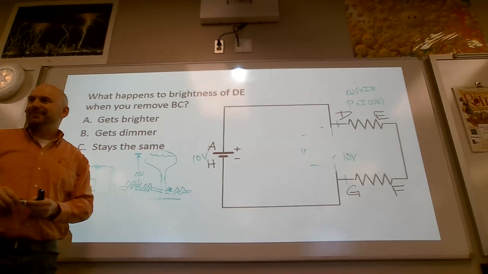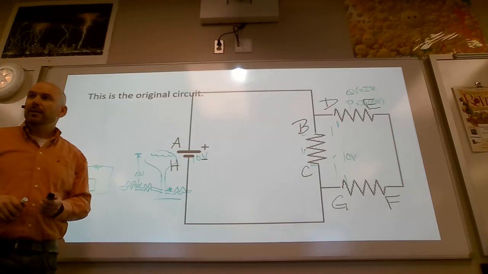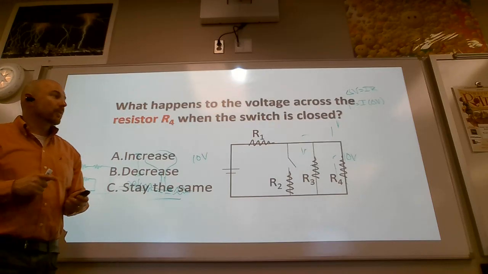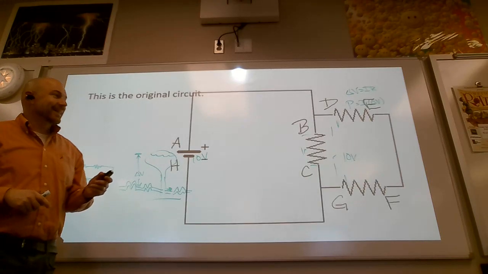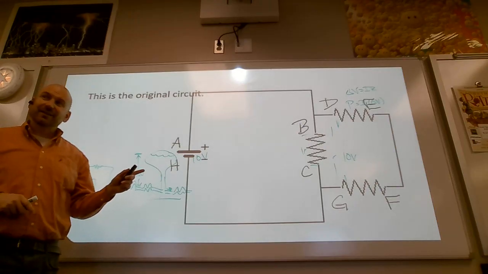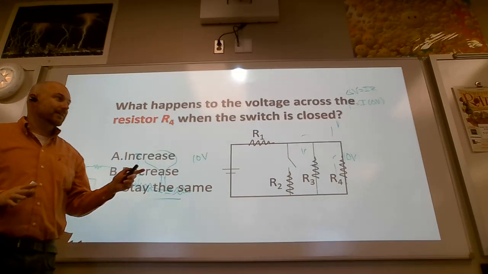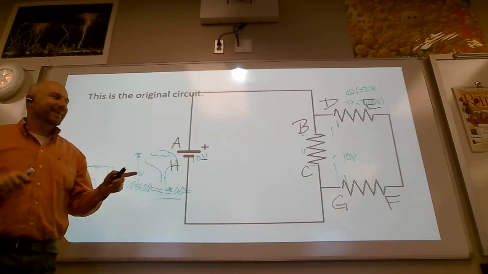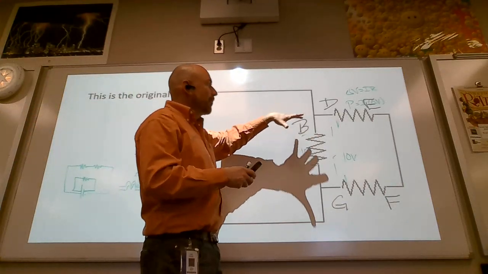On the last question, was it just the presence of the other resistor in series that made the current change, like when you had the switch? Good question. This is a different circuit completely than this. So this is the base unit.